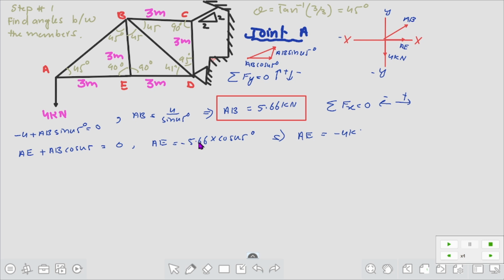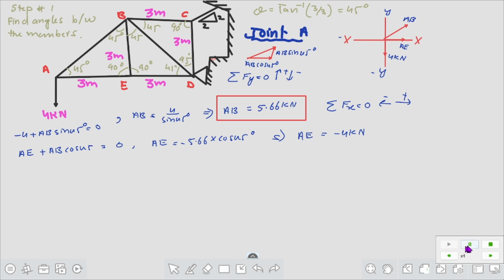So AE becomes equal to negative 5.66 cos 45, because if I move it to the right side of the equality it becomes negative. If you calculate it on your calculator, AE equals negative 4 kilonewton.